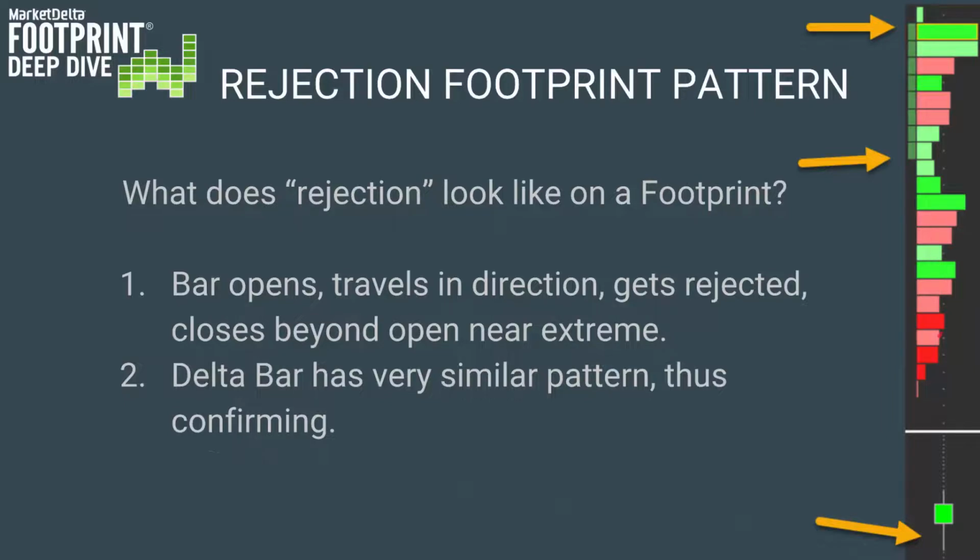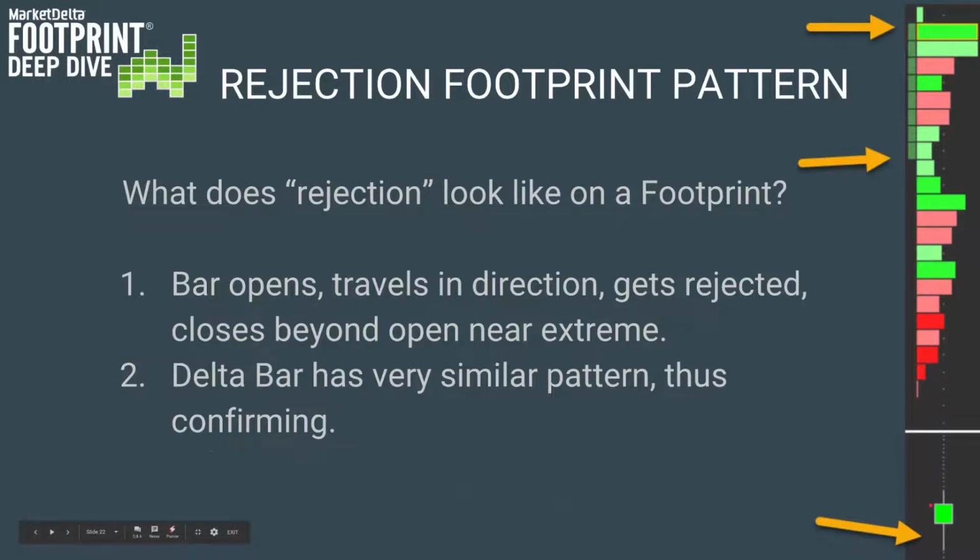Now this is called the footprint profile, so I don't have any actual numbers or values, but it does show us the volume. And in this case, we can see that as it traded lower, the volume kind of dried up. That's what at least I would extract from this. The other thing here is the delta bar.